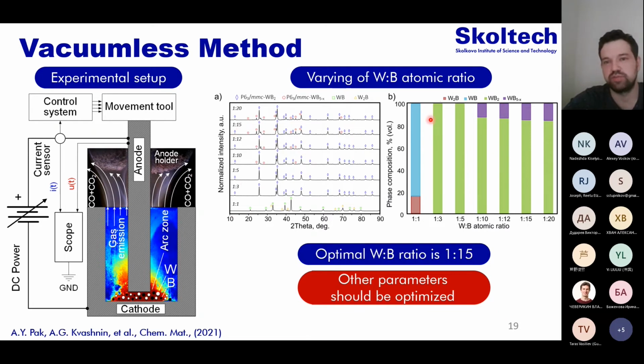Here you can see that we obtain different amounts of tungsten monoboride, tungsten boron 2, and a very small amount of tungsten boron 5-6. But from this point of view, the optimal parameter is 1:15. It's here where we obtain about 15% of tungsten boron 5 in the mixture, and then we should optimize other parameters.